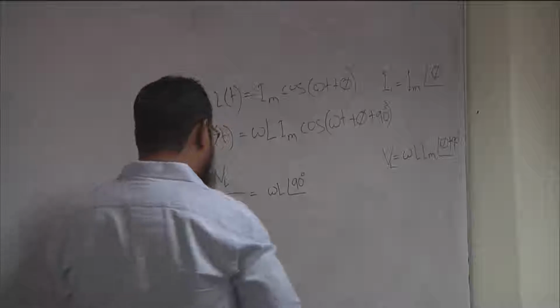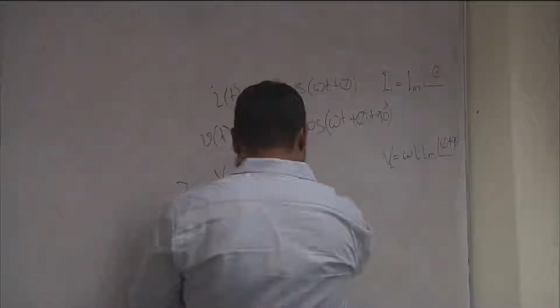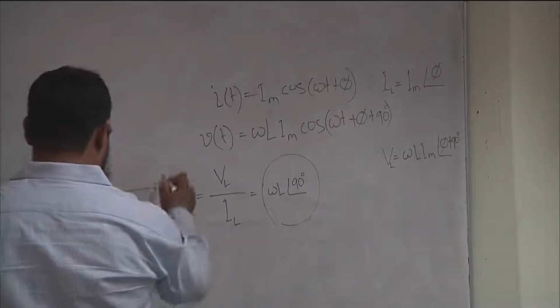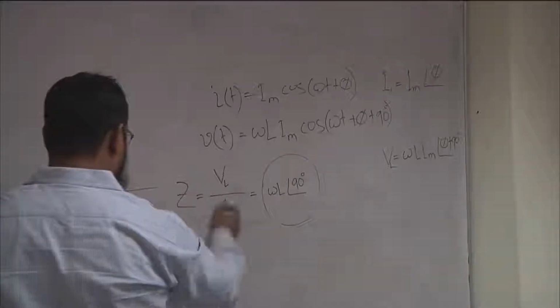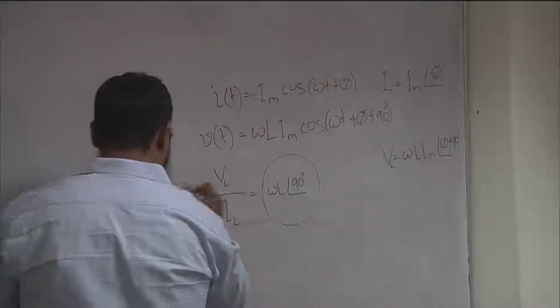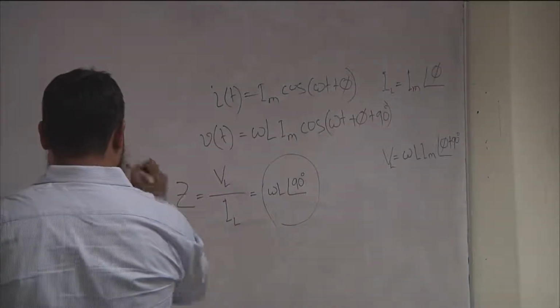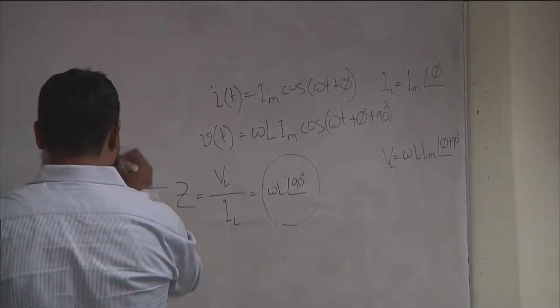So if I want to write this in rectangular form, can you tell me what that would be? Remember, the easiest way to do rectangular form is to do it graphically. So you have this omega L, and the angle is positive 90 degrees. Right here, this is the real axis, this is the imaginary axis.